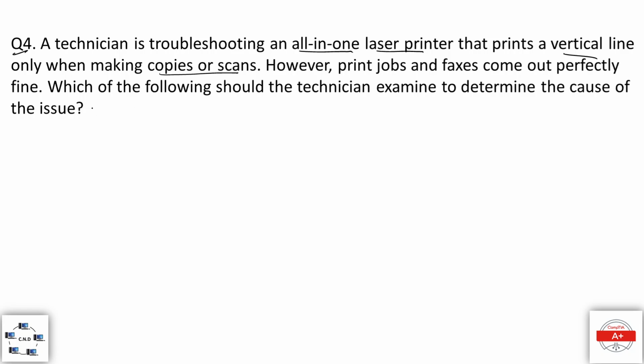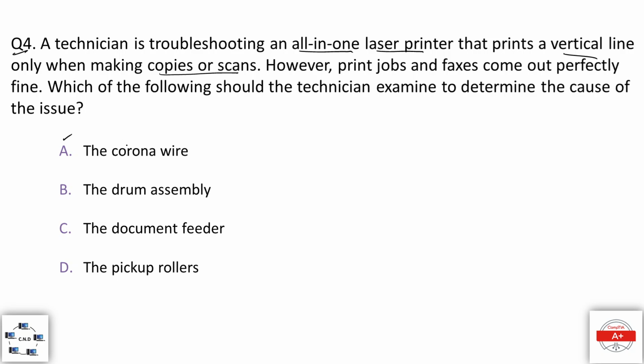And the options are option A, the corona wire, option B, the drum assembly, option C, the document feeder, and option D, the pickup rollers. And the correct option is option C, the document feeder.